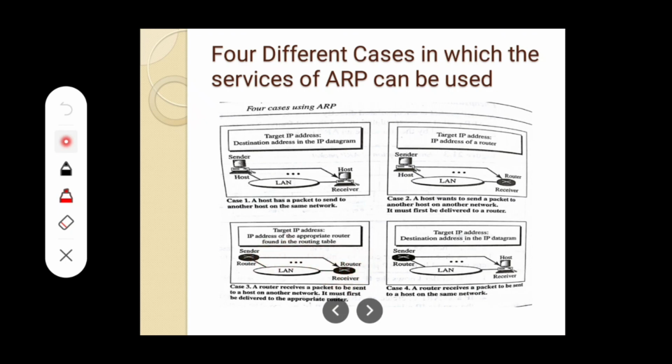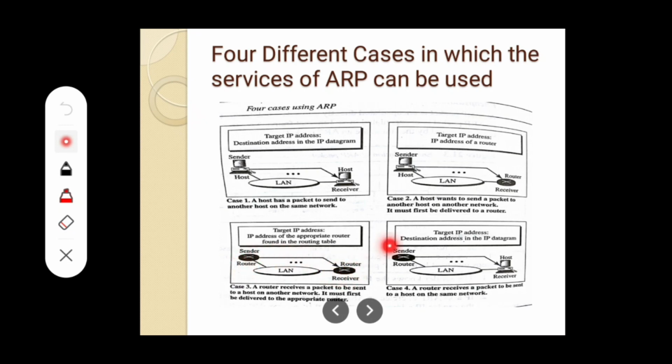Where does it get that IP address? It refers to the routing table and gets this IP address. So we have a host here. The host transfers the packet to this router, from that router it reaches this router, and from this router the packet goes to the final host. The target IP address is the IP address of this router.